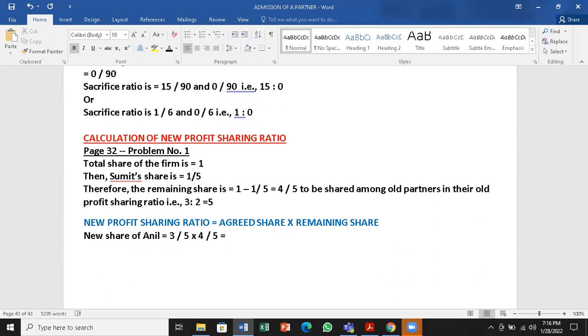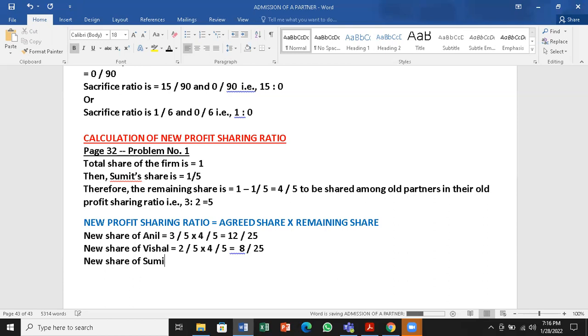So numerator 3 into 4, that is 12, divided by denominator 5 into 5, 25. Next, new share of Vishal is equal to agreed share 2/5 multiplied by remaining share 4/5. So again multiply numerator into numerator, 2 into 4, very good, 8, divided by 25, 8/25. So we have got for two partners.